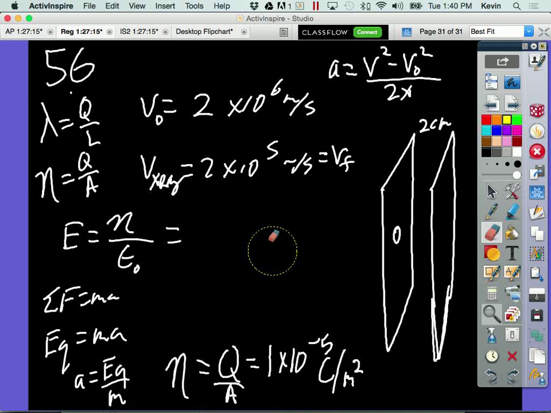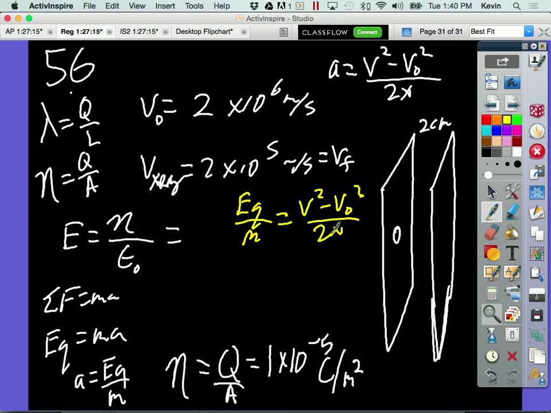If you'll allow me to use this space in the middle, we have our EQ over M is equal to V squared minus V0 squared all over 2X. So I can plug in nu Q over epsilon 0 M equals v squared minus v0 squared over 2x, and then we should be able to solve for nu. And that'll give us the charge per unit area.